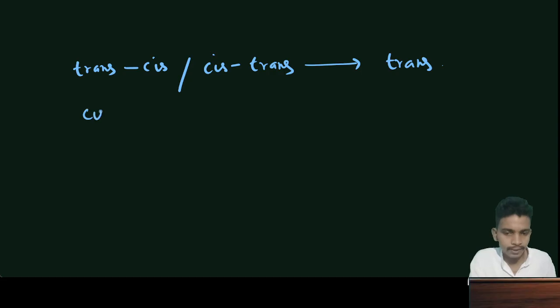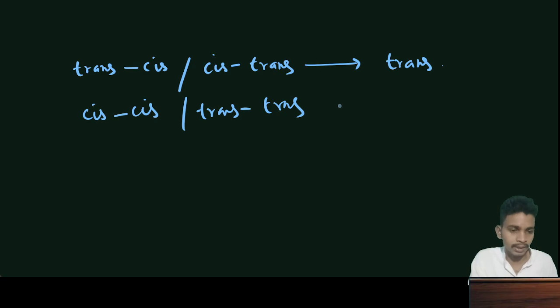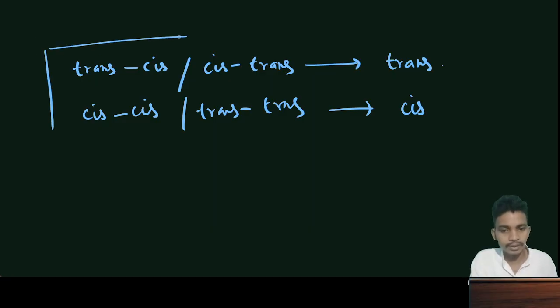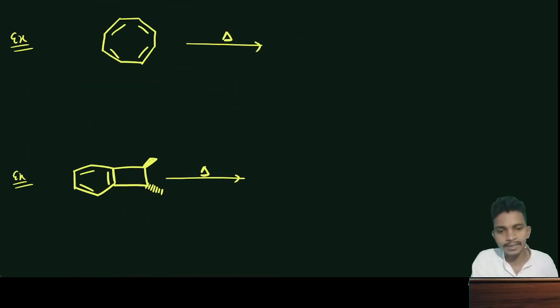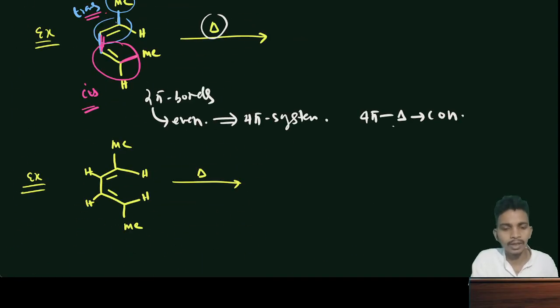Another is if one is cis and the other also cis, or one is trans and the other also trans, meaning both cis or both trans, in that case we will assume cis. So this we have to keep in mind. Now we apply this to solve our questions.